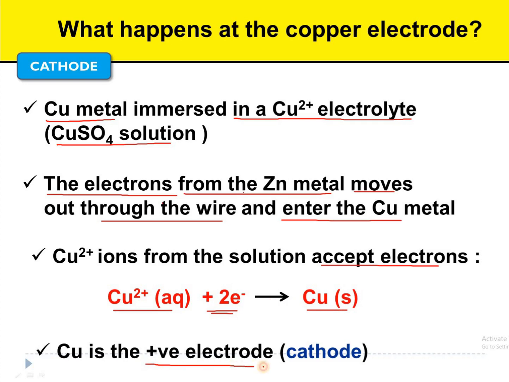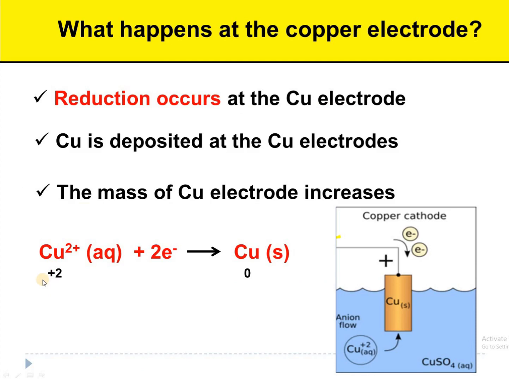So copper is the positive electrode, the cathode. Copper 2+ aqueous gains 2 electrons to become copper solid, so the oxidation number goes from +2 to 0. So reduction occurs at the copper electrode. As an effect of this process, copper is deposited at the copper electrode and the mass of the copper electrode increases.